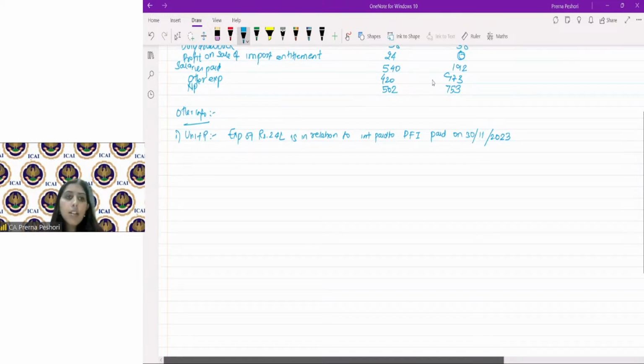Export sales proceeds received in India are 1040 lakhs.